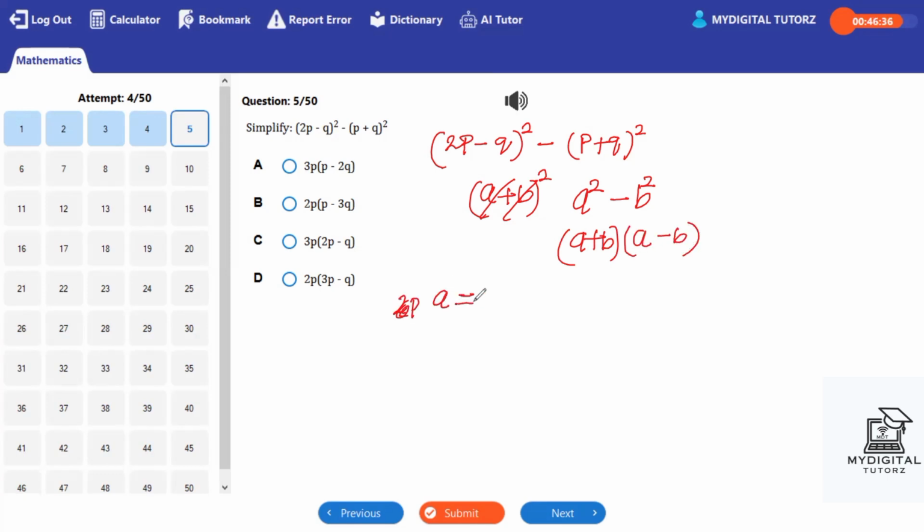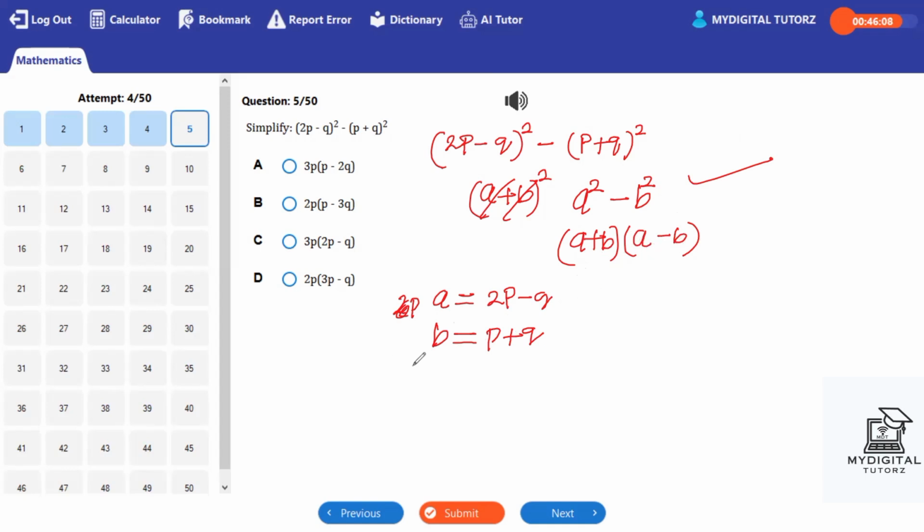Using that analogy, A is 2p minus q, while B is equal to what? P plus q.